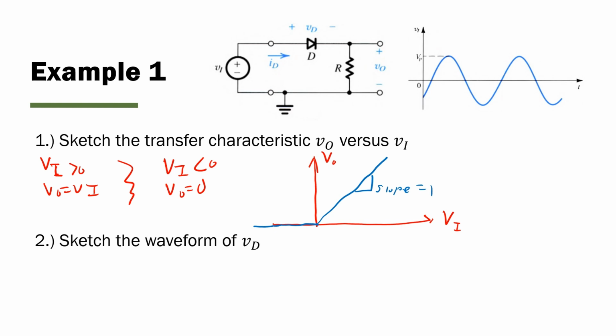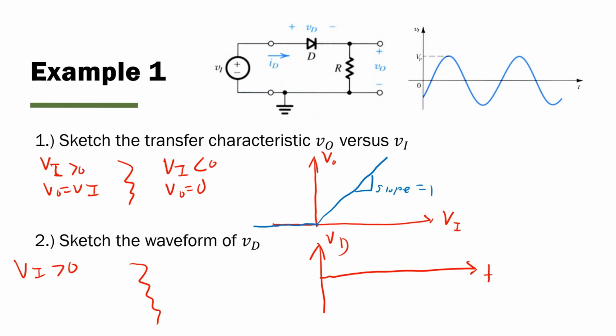Now we want to do problem 2. Sketch the waveform of the voltage across the diode VD. Okay. So let's do our two cases again.